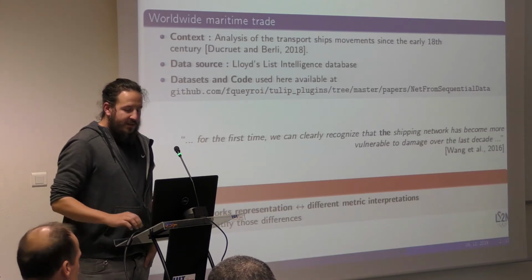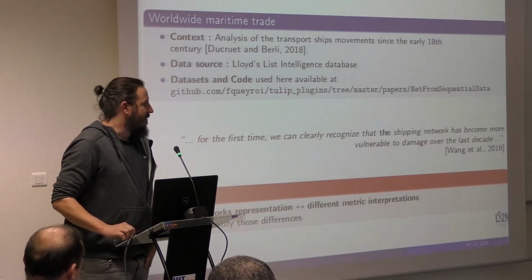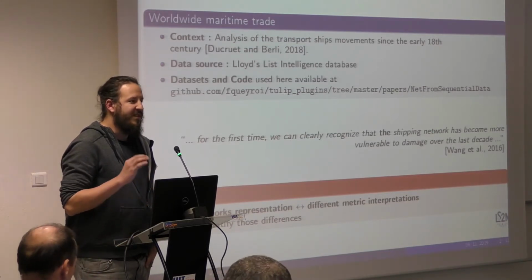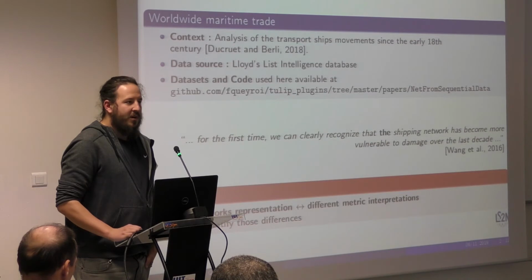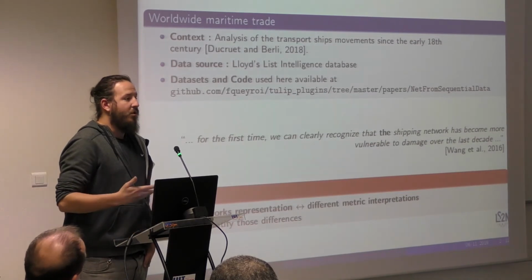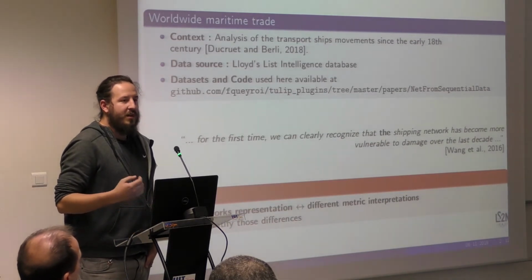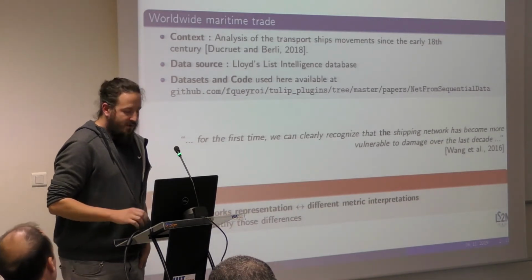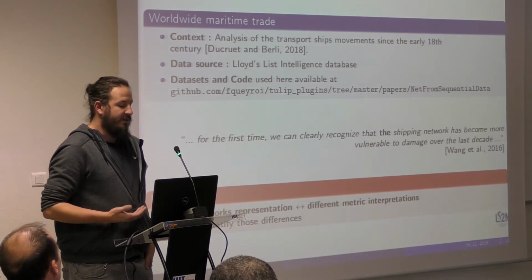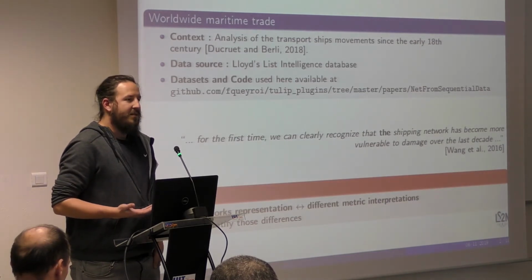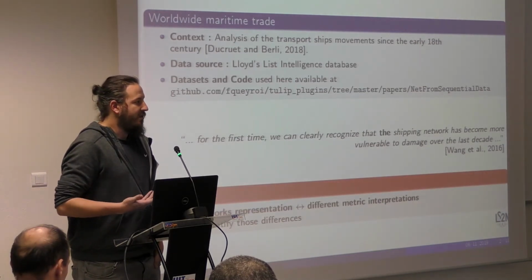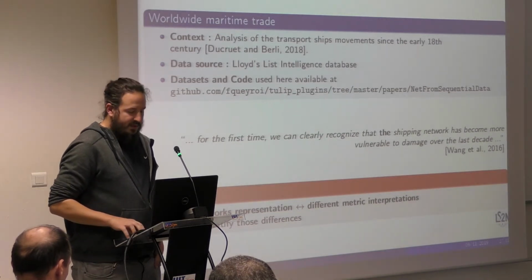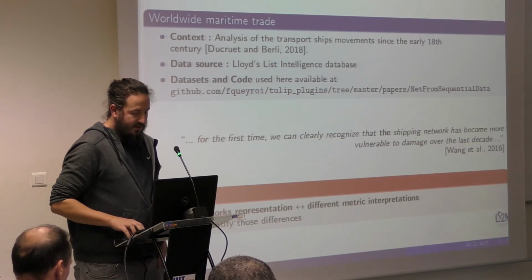But one aspect that is interesting to me is the notion of the shipping network, because there are actually several ways to look at mobility traces and to represent them as a network. So we can ask ourselves, maybe those differences are important, and what choice do we make, and what is the impact of the choice.